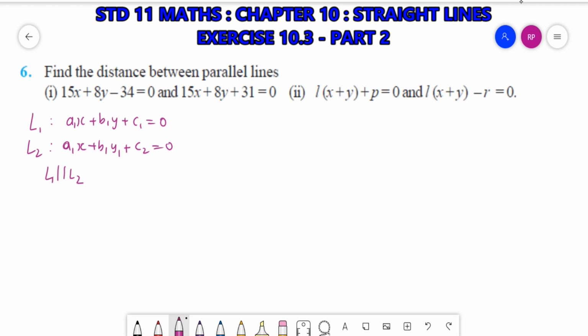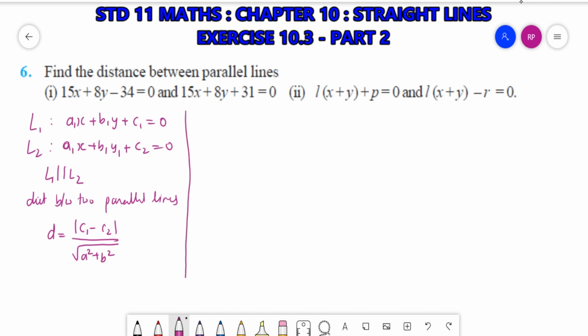In that case, the distance between two parallel lines is given as D = |C1 - C2| upon under root of (A square + B square). Okay, so this is the formula for distance between two lines. Clear?